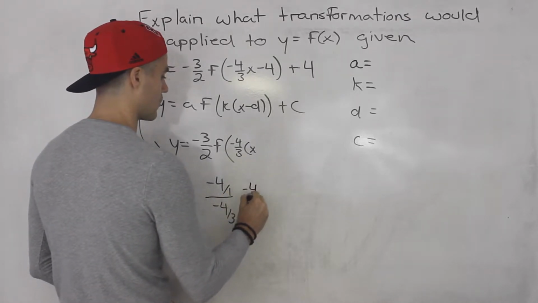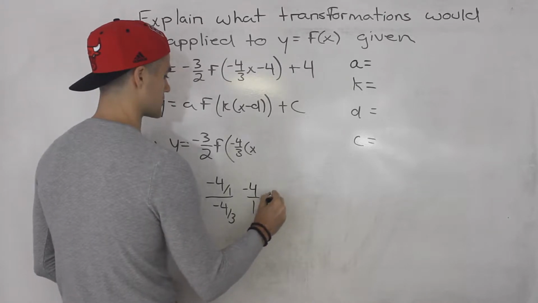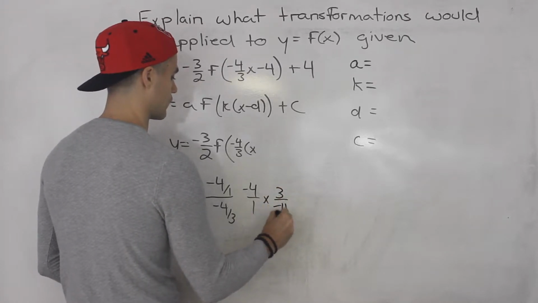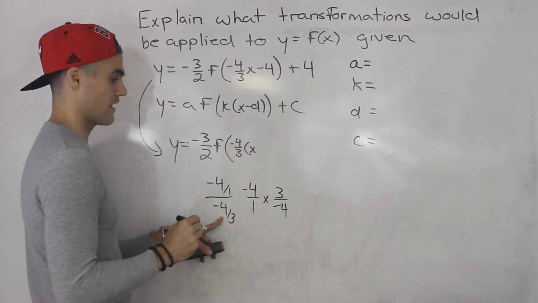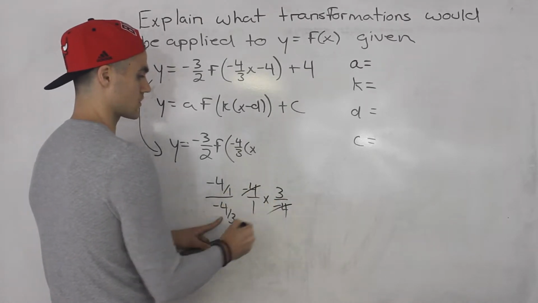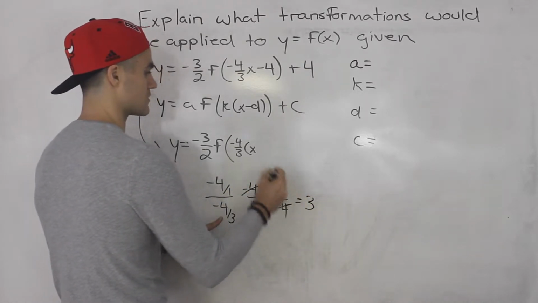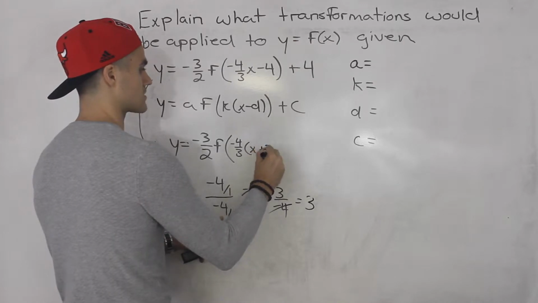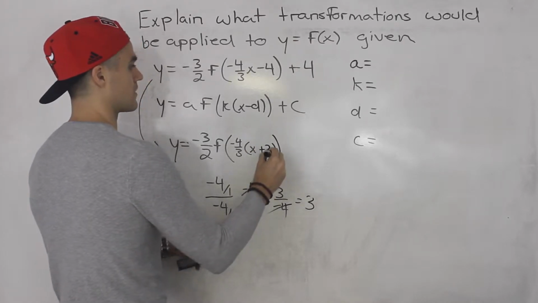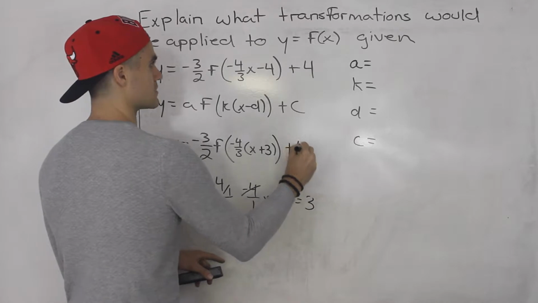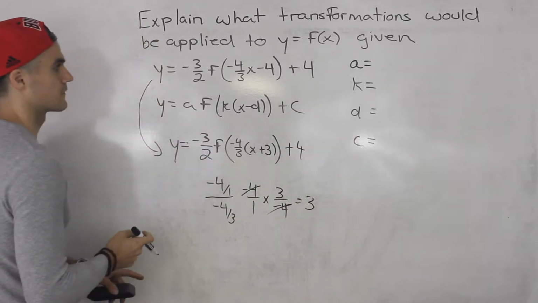So negative 4 over 1 times 3 over negative 4, the reciprocal of that. Then notice the negative 4's will cancel out, and we're just left with positive 3. So here, this would be positive 3. And then plus 4 is still there.